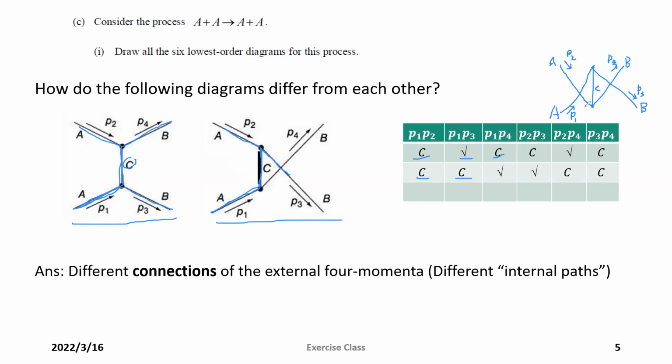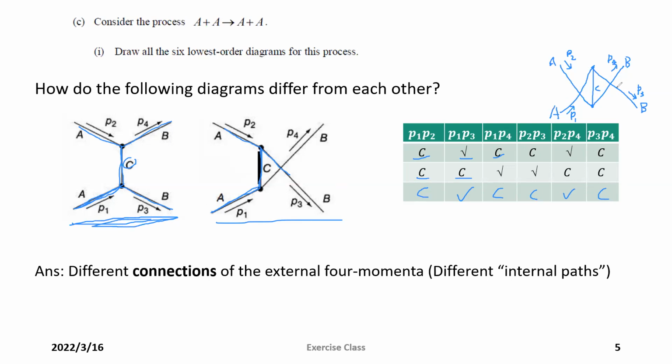So here P1, P2 are connected by C, and P1, P3, they are next to each other, and P1, P4, they are connected by C, P2, P3, they are connected by C, and P2, P4, they are next to each other, and P3, P4, they are connected by C. So we can see that the connections of the four momentum are just the same as this diagram.